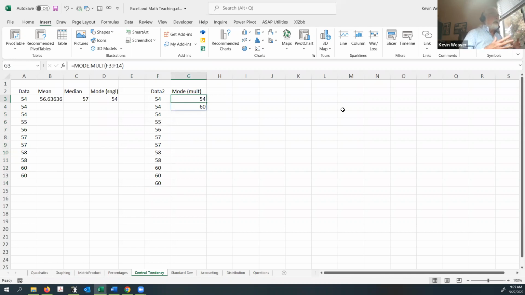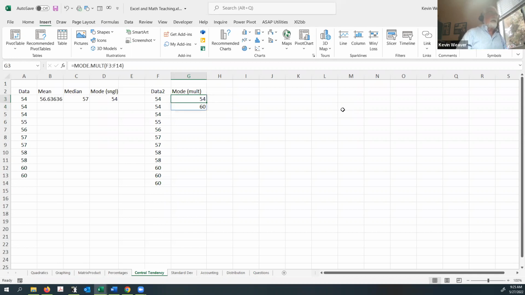And this, once again, is a dynamic array, and it calculates the multiple mode of 54 and 60. And notice that because it's dynamic, the cell that shows the 60 is grayed out in the formula bar because the formula is not really there.